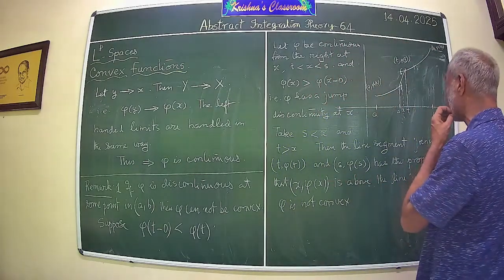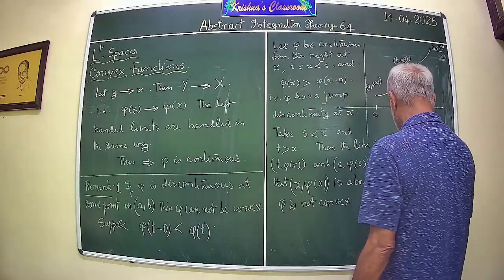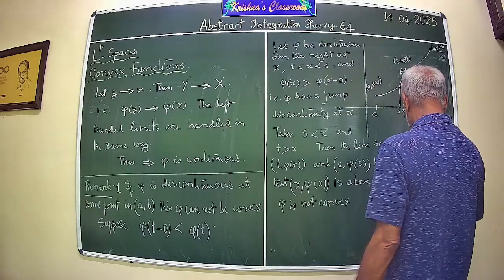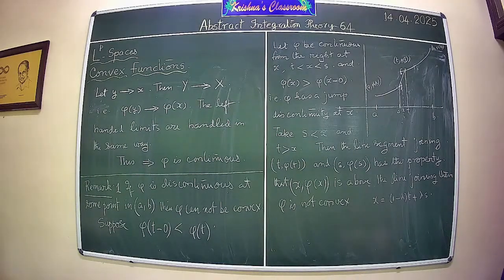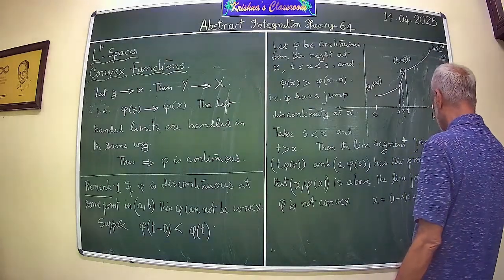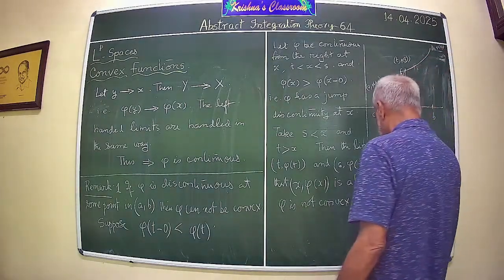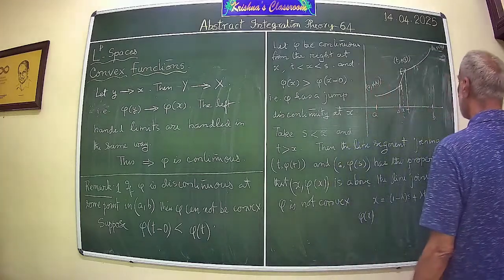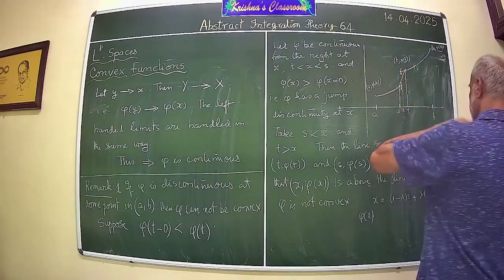What does this mean? This means suppose x is equal to this, then phi x is equal to this.